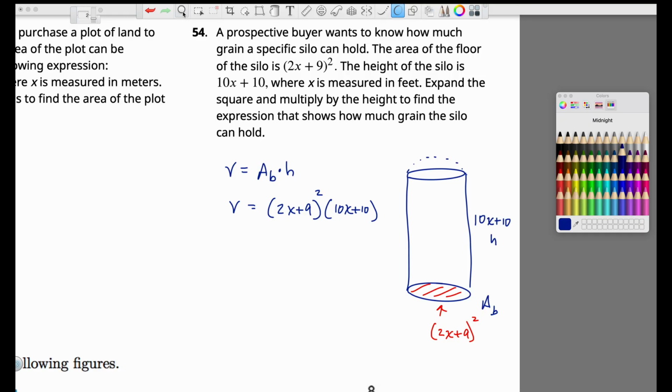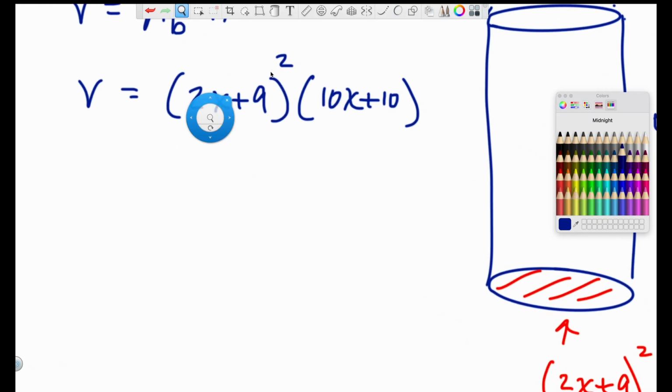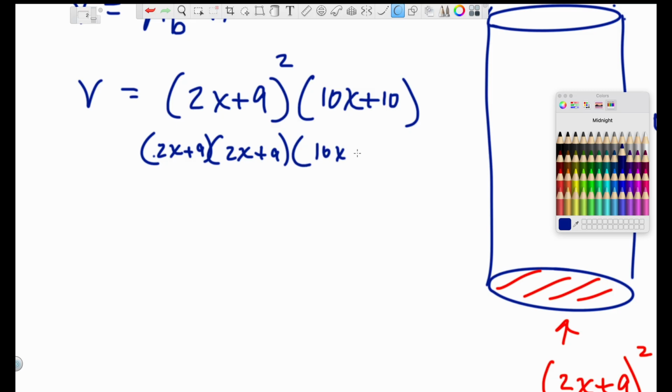So first thing to do is the exponent. So we're going to expand this. It's a binomial squared, so I can use that idea about squaring the first, the last, and then 2 times xy.